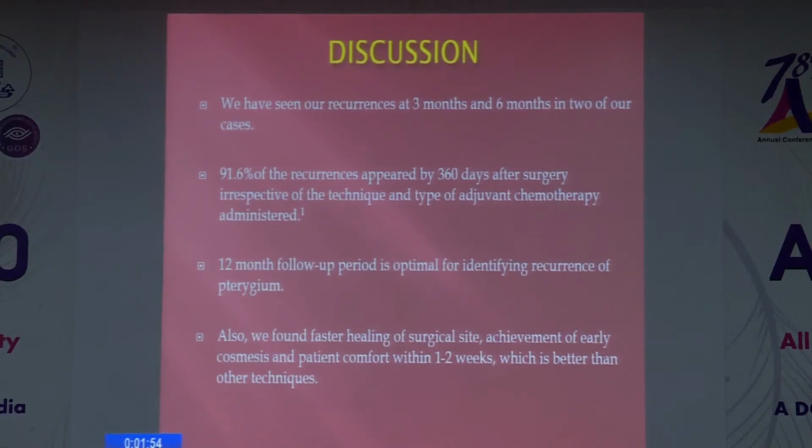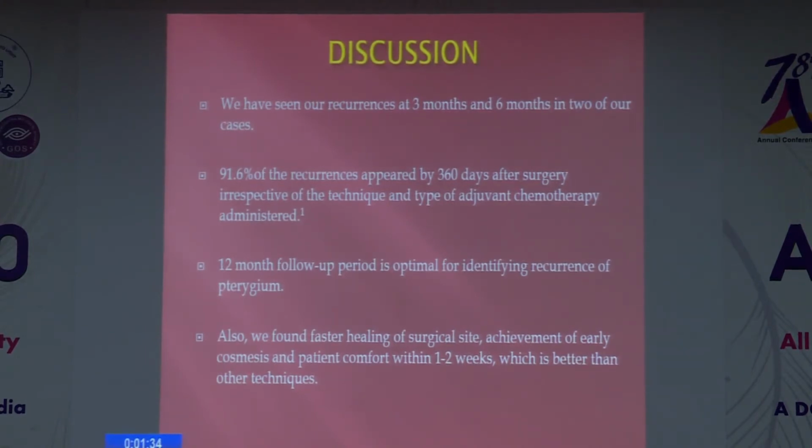We saw recurrence at 3 months and 6 months in 2 of our cases. Literature suggests that 91.6% of recurrences appeared by 360 days after surgery, irrespective of the technique and type of adjuvant chemotherapy administered. Hence, a 12-month follow-up period is optimal for identifying recurrence of pterygium.